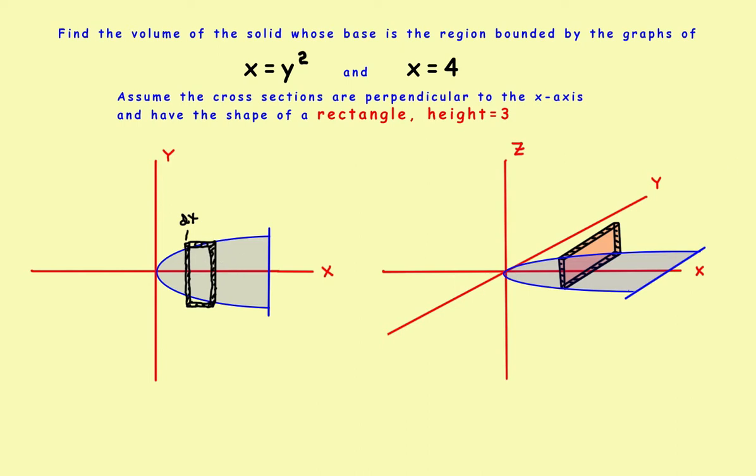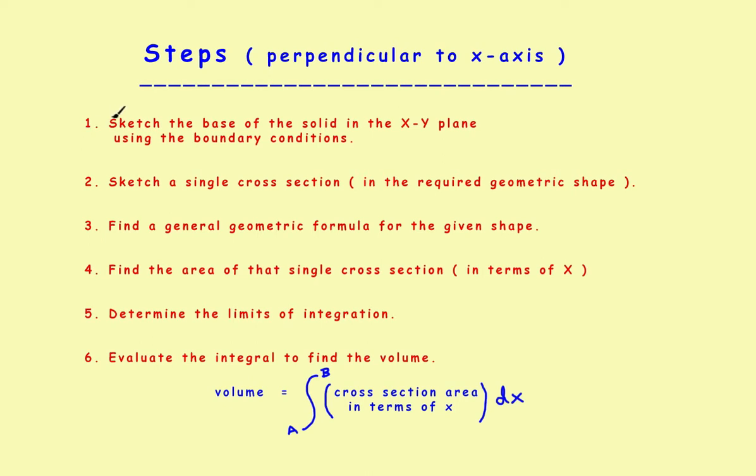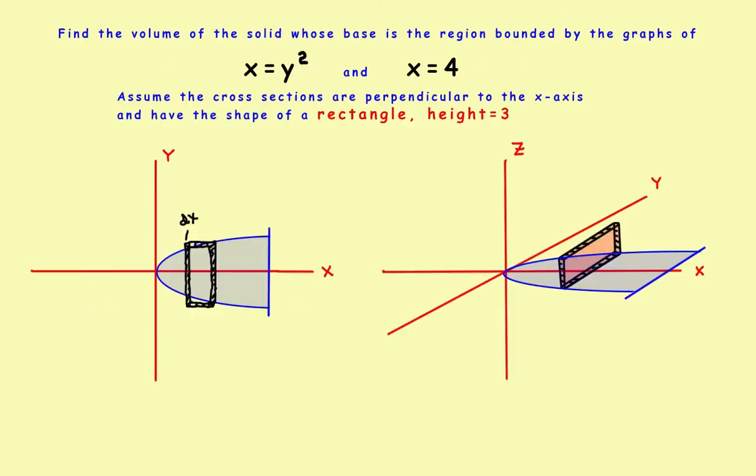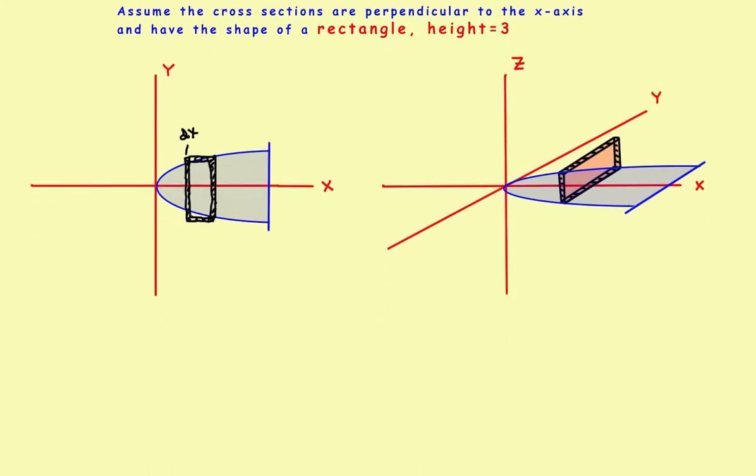Let's go back to our steps. So you've finished step 1 and you finished step 2. You sketched a single cross-section. Okay, the next thing you have to do, you have to find the area of that cross-section. So you need to find a general formula for whatever the shape that you have is. So again, just in general terms. And I think I'll go ahead and put that right here.